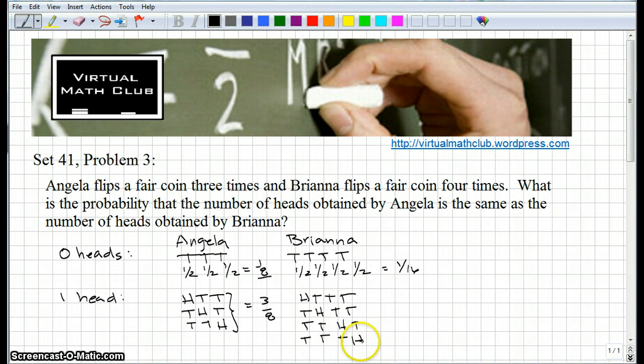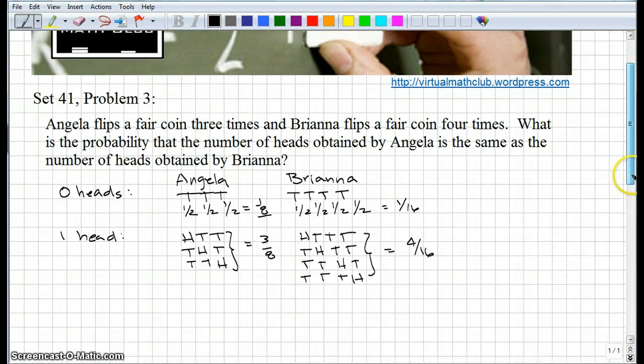It's only 1 head, and the rest are going to be tails. There's a 1/2 chance of any one of the outcomes, so each one of these outcomes is 1/16. The total here is going to be 4/16.